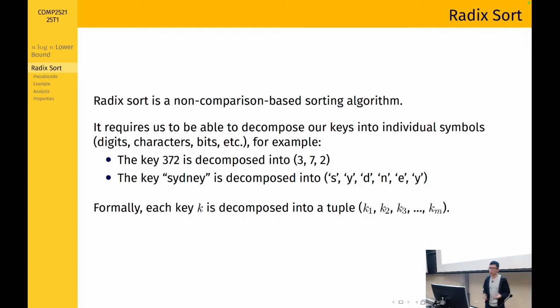And as another example, the key Sydney, we can decompose that into individual letters: S, Y, D, N, E, Y. And what we're going to do is represent each key as a tuple of its symbols, K1, K2, K3, all the way up to Km. For example, 372 or SYDNEY.